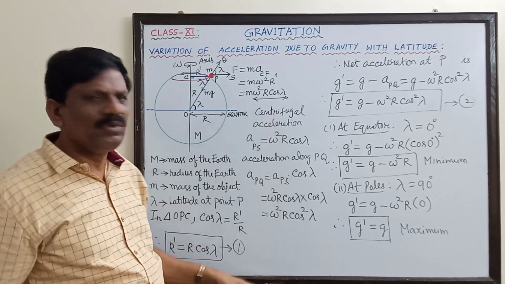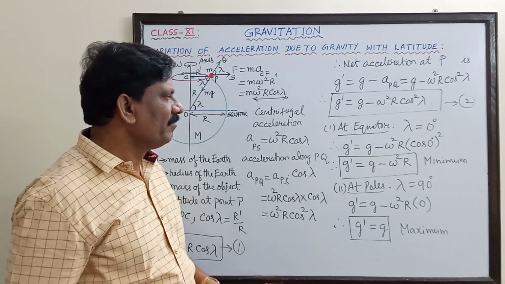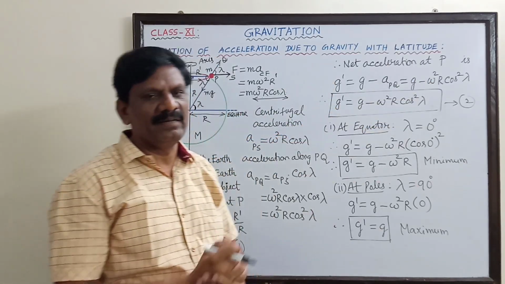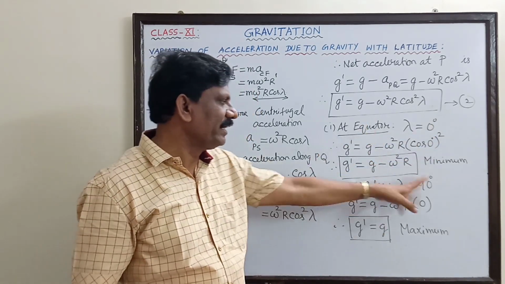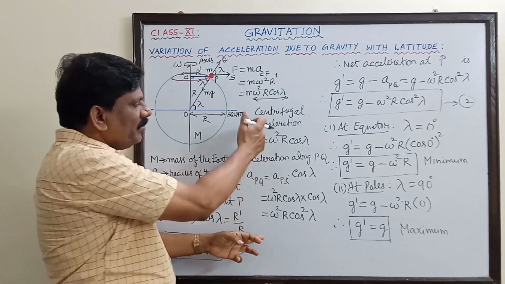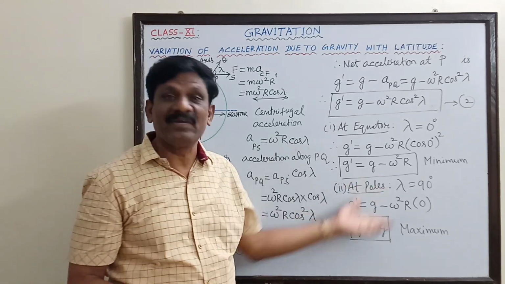Here you have to write again and again, then only you will understand. Afterwards, we find that G dash is G minus omega square R cos square lambda. Then the special cases: lambda equal to 0 for the equator and lambda equal to 90 for the poles. Only this area you should be very careful about. Otherwise, it is a very simple derivation. I hope you have understood well. Fine.